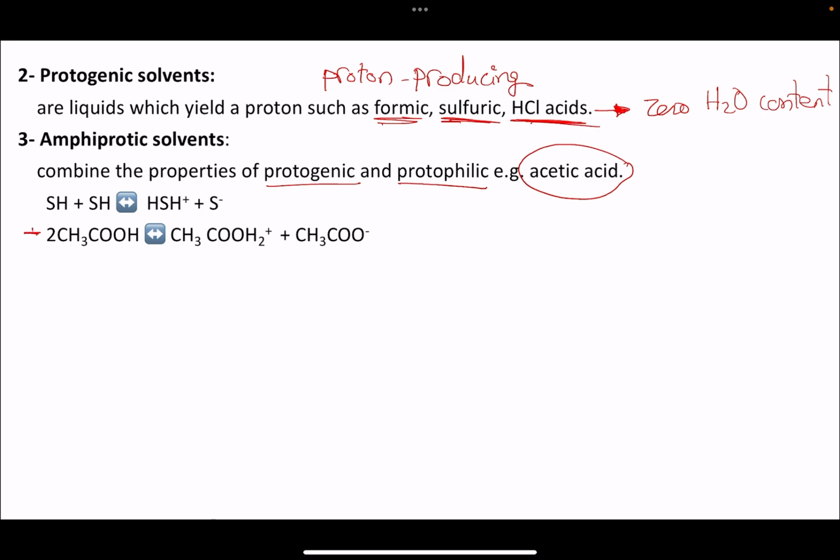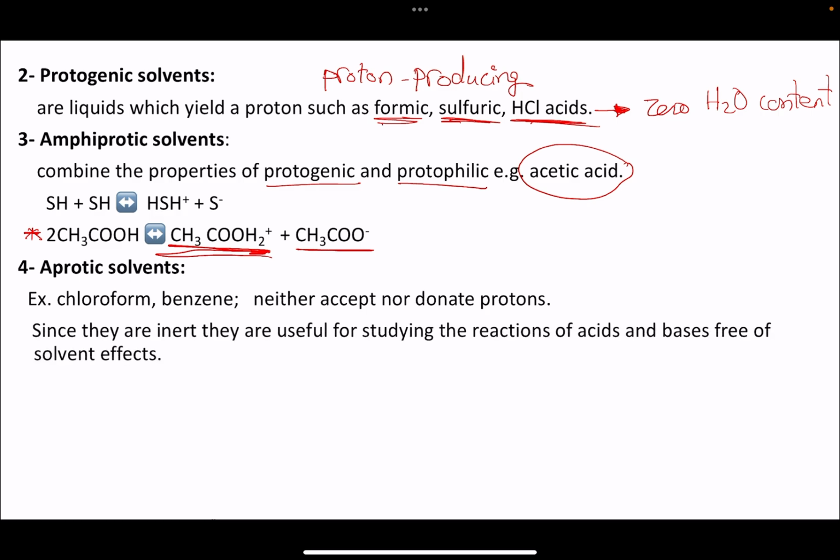So when we have two molecules of acetic acid, one of them acts as protophilic and the other acts as protogenic. The protophilic interacts with the proton from the other molecule and forms the solvated proton. And the other molecule is converted into the conjugate base that has a negative charge.